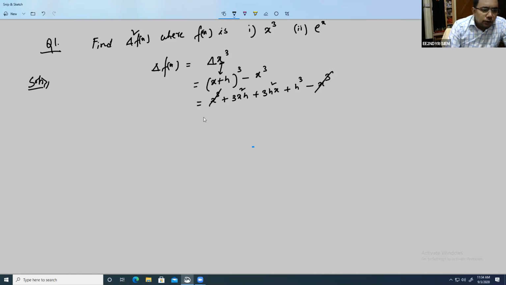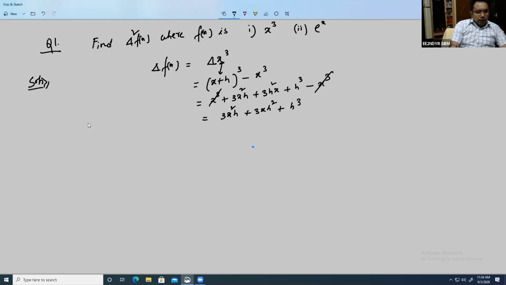So the existing terms are 3x square h plus 3x h square plus h cube.